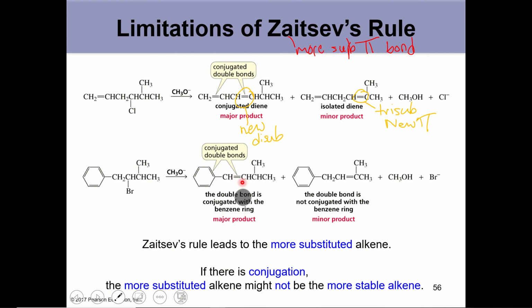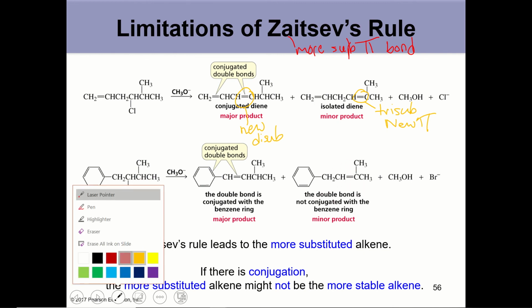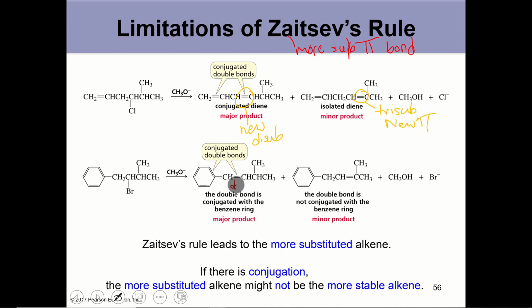So the major product ends up being the one with conjugated pi bonds, and the minor product is the more substituted tri-substituted pi bond. So we get a di-substituted new bond and a tri-substituted new bond, but di-substituted and conjugated is better than tri-substituted.